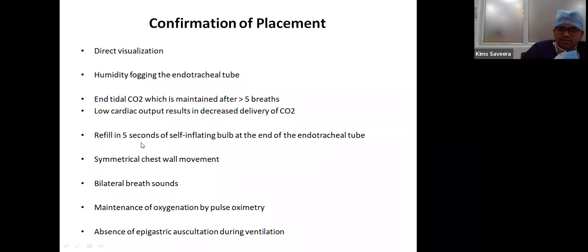Other signs are refilling of a self-inflating bag like an Ambu bag or Bain circuit in greater than 5 seconds, symmetrical chest wall movements, bilateral breath sounds on auscultation, maintenance of oxygenation by pulse oximeter, and absence of epigastric sounds on auscultation during ventilation. These are the signs of confirmation of placement of the ET tube. You should be confident after placing the tube. If you have any doubt, you should recheck it.